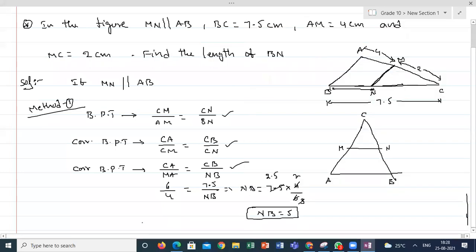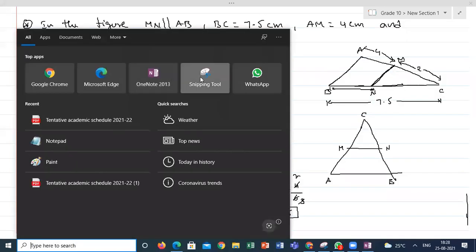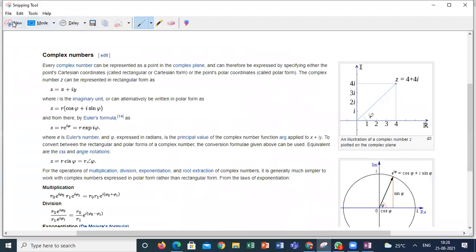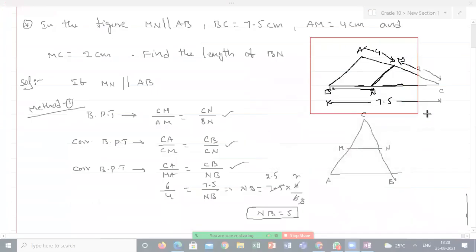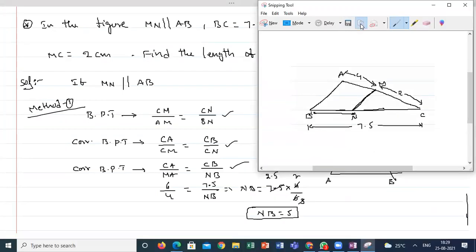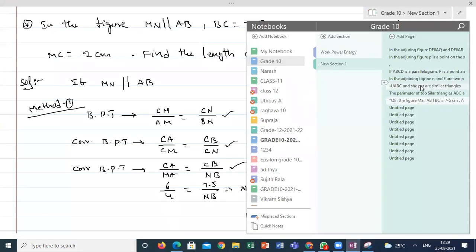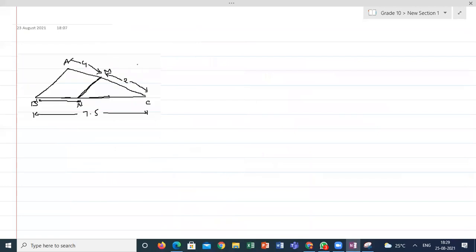I am taking this diagram to understand method 2. In method 2, what I am doing?